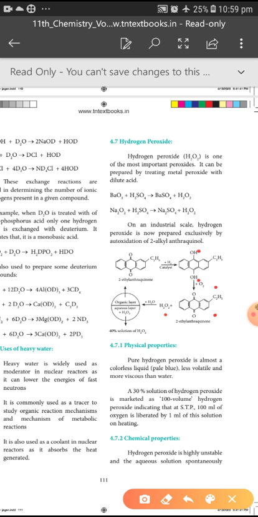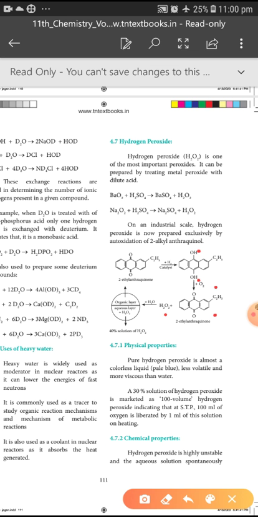Next, let us learn the physical properties of hydrogen peroxide. Pure hydrogen peroxide is an almost colorless liquid, pale blue, less volatile and more viscous than water. Less volatile means it cannot easily evaporate, and more viscous means its viscosity is higher than water. A 30% solution of hydrogen peroxide is marketed as 100 volume.